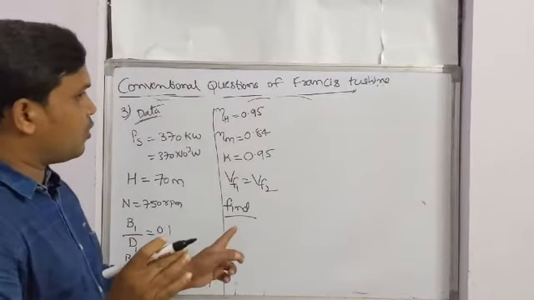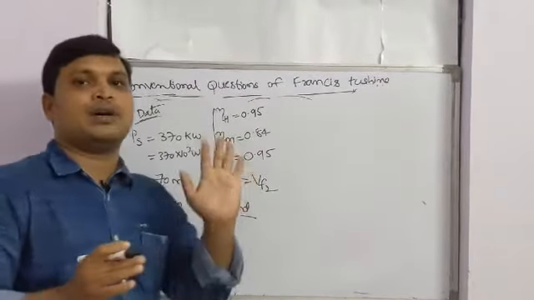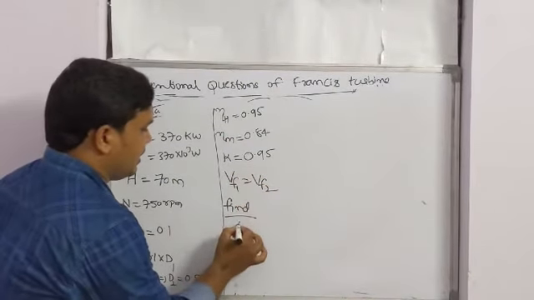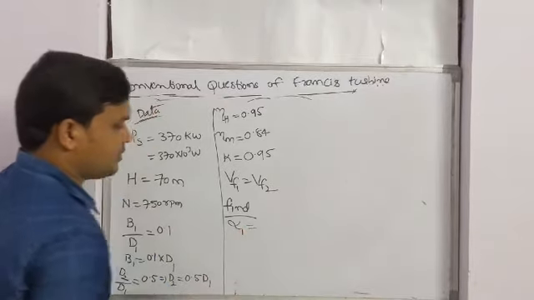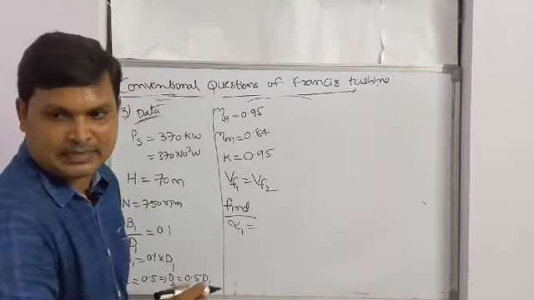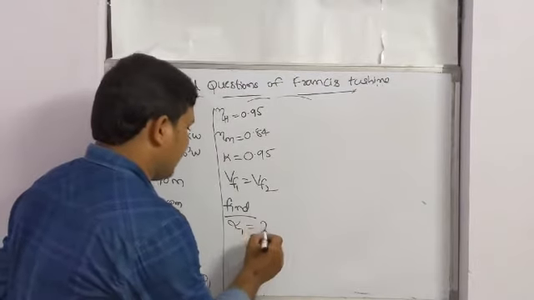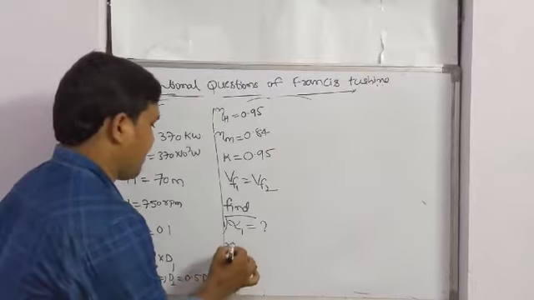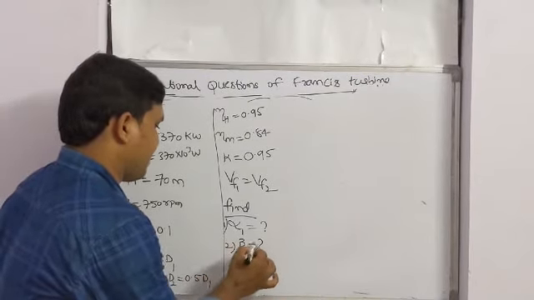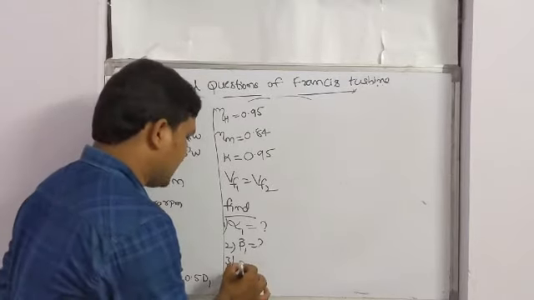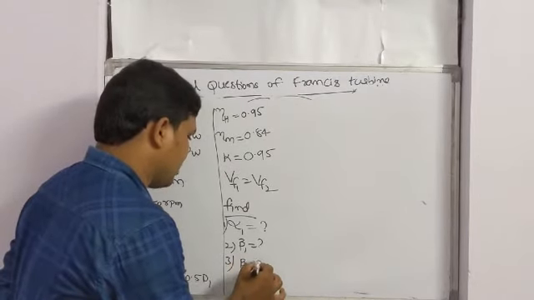So before going to the runner, it goes through the guide vanes, and that angle is alpha 1. They want to find out alpha 1, the runner blade angle at inlet beta 1, and the last one, the runner blade angle at outlet, beta 2.